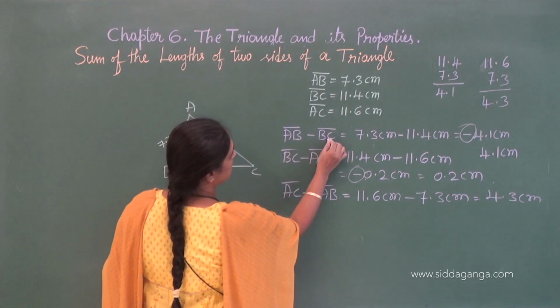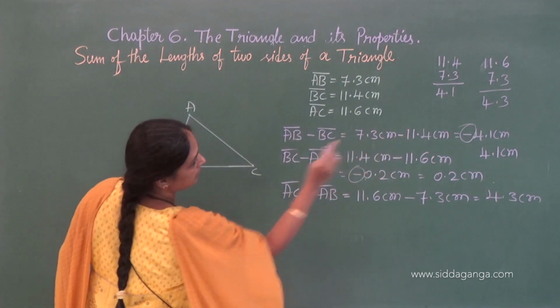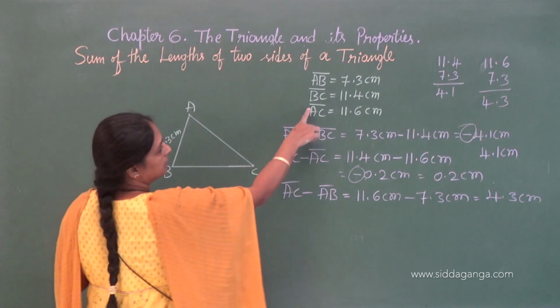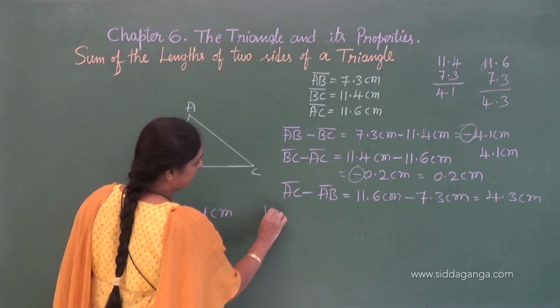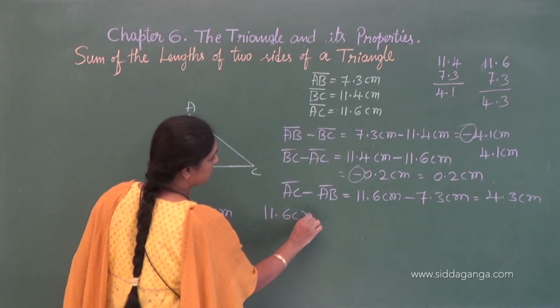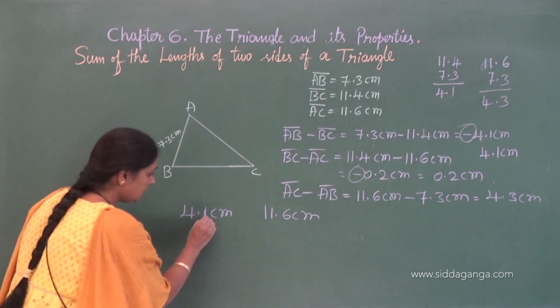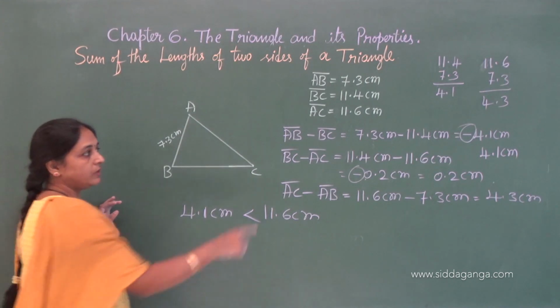Then what about here? AB minus BC and the remaining is AC. AB minus BC is 4.1 centimeter and the remaining is AC. What is the value? That is the measure of AC. It is 11.6 centimeter. Then what is the relationship between these two? It is less than the third side. What we did here?